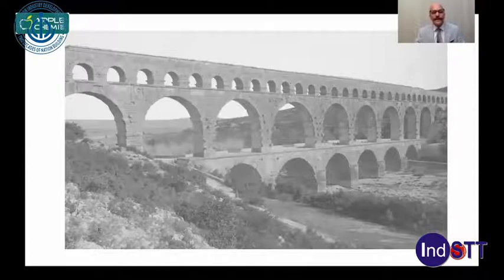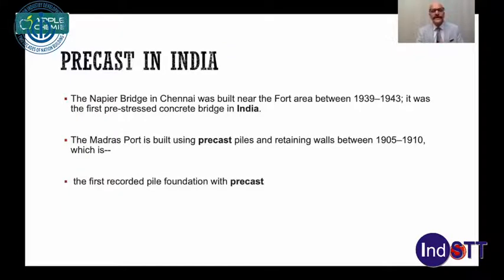And I won't say fully that this is a precast structure, but this is the structure where large pieces were brought together and aggregated to make this structure wherein at one level you have an aqueduct and the other level you have a road bridge. That is the international scenario and historical stage.